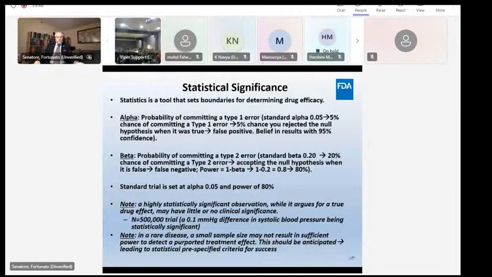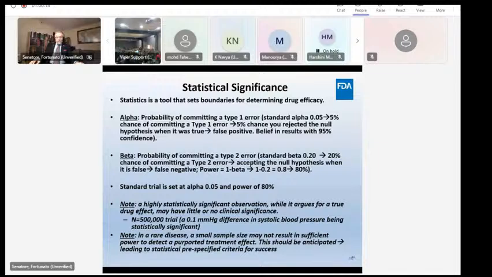Alpha, we use the word alpha to define the probability of committing a type 1 error. The standard alpha is 0.05. The whole world accepts 0.05 as alpha. That is to say, a 5% chance of committing a type 1 error. That is to say, a 5% chance that you rejected the null hypothesis when it was true, false positive.